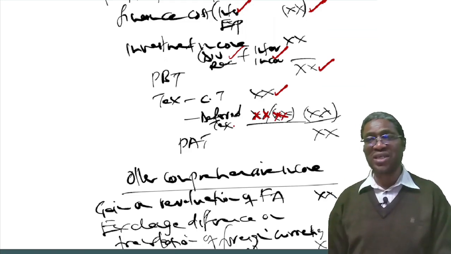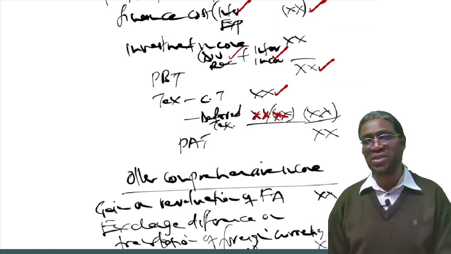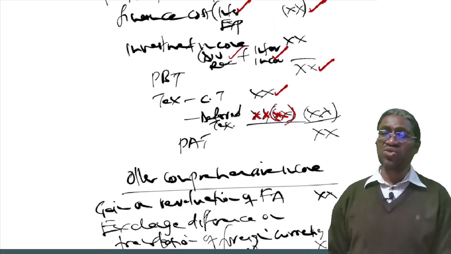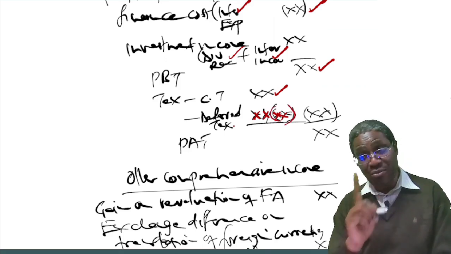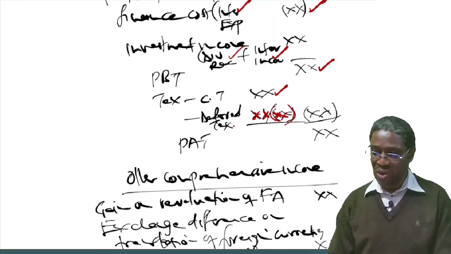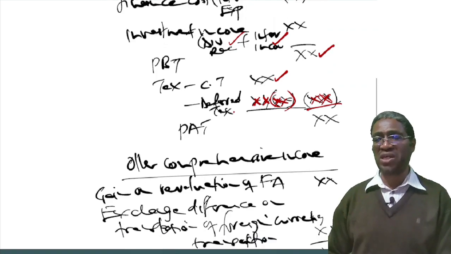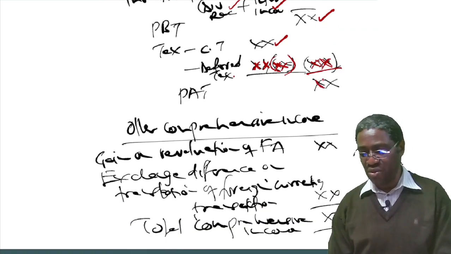We shall look at that in detail. How do you know which one to add and which one to minus? Good. Once you get the tax expense, you minus it from the profit before tax, and we said you get that figure we were calling profit after tax.